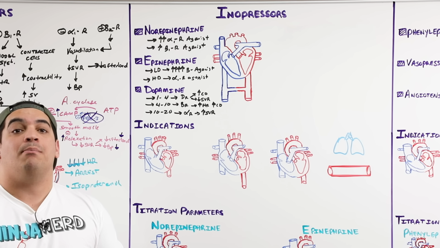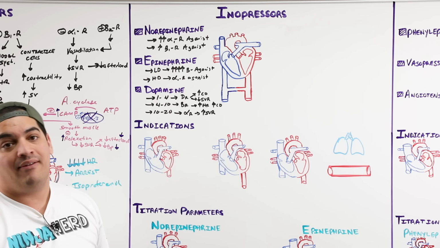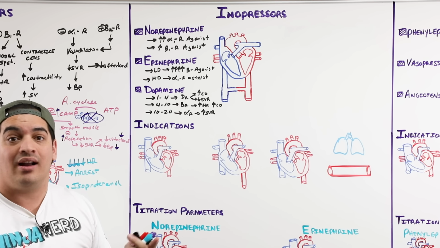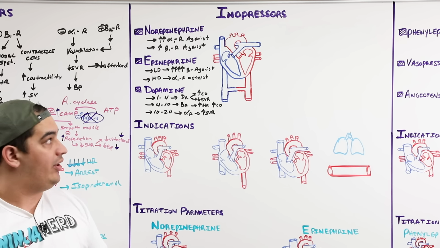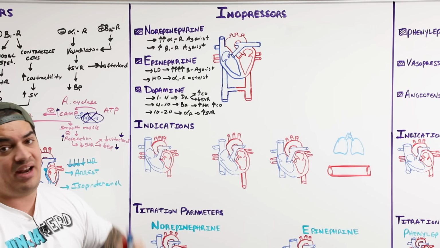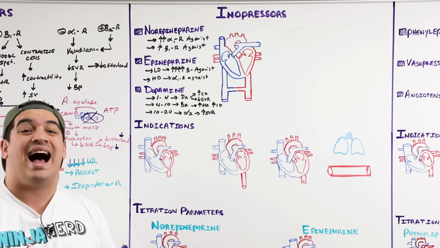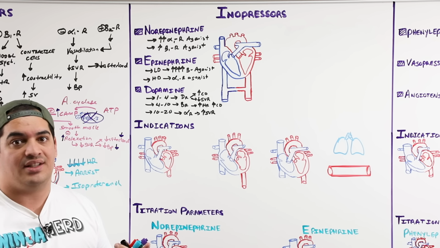Second reason, there's multiple RCTs that show that in comparison to norepinephrine in patients with cardiogenic shock, norepinephrine was extremely superior. And in patients with septic shock, in comparison to epinephrine, epinephrine was extremely superior. And dopamine was actually associated with higher mortality rates in RCT studies.